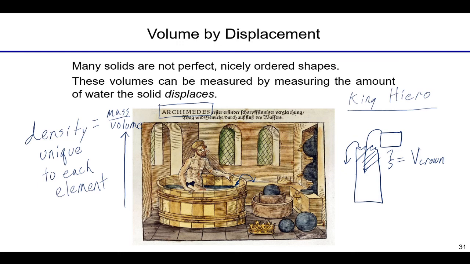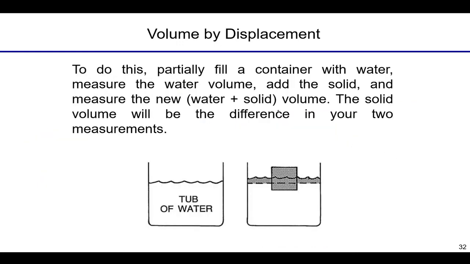So this is known as volume by displacement. What you do is you partially fill a container with water, you measure that water, you add the solid and measure the new volume. And so the amount of volume that is changed, a delta V, or a change in volume, is going to equal the volume of the solid.